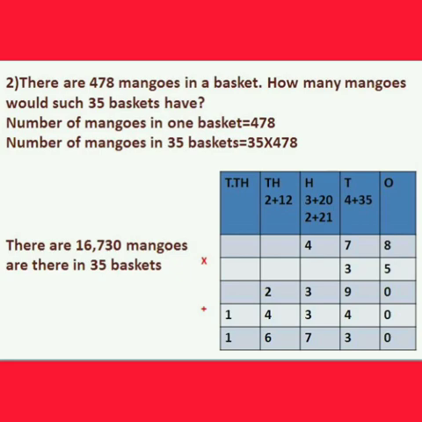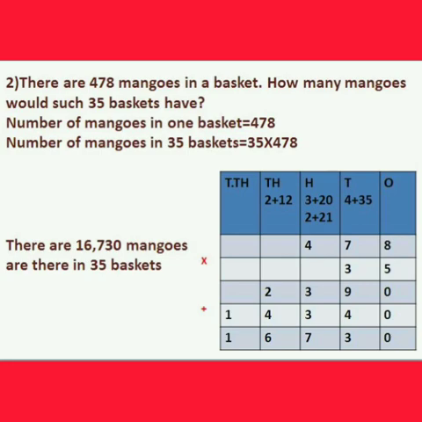So the number of mangoes in 35 baskets equals 35 into 478. So when 478 is multiplied by 35, we are getting 16,730 as the product. So there are 16,730 mangoes in 35 baskets.